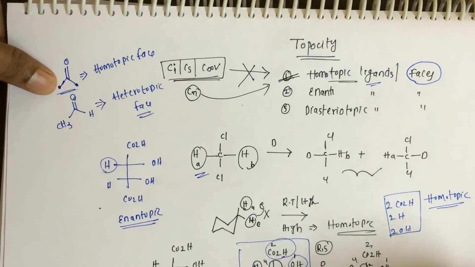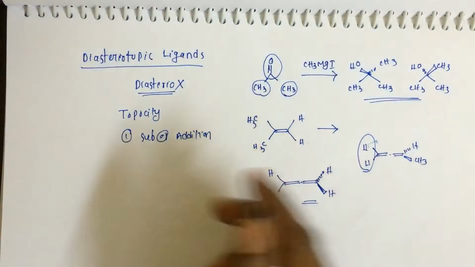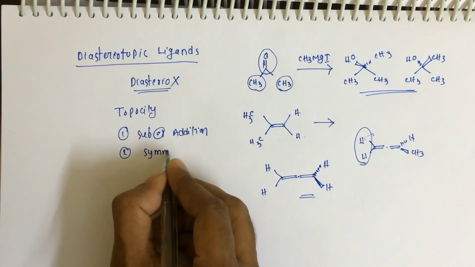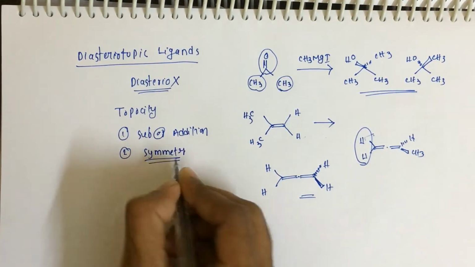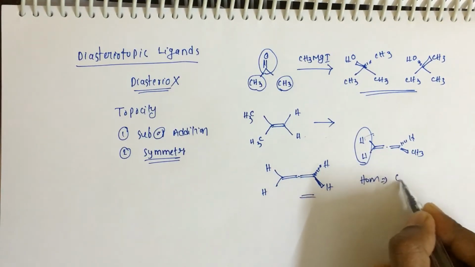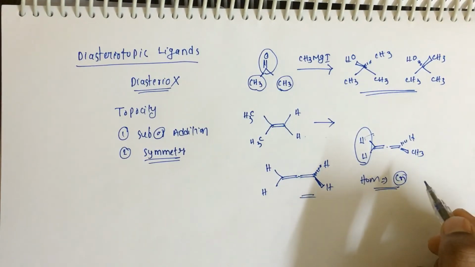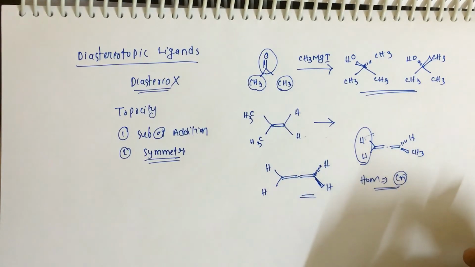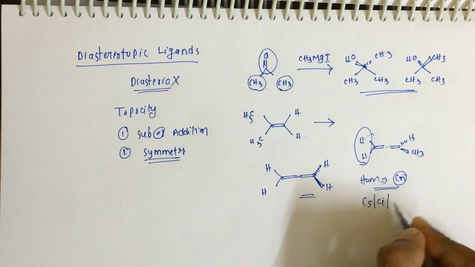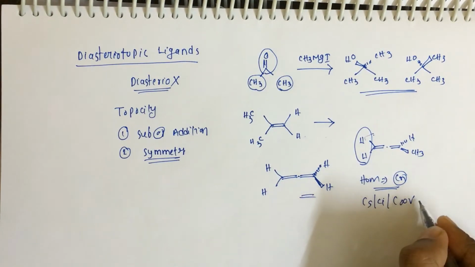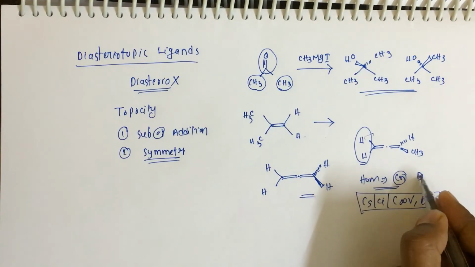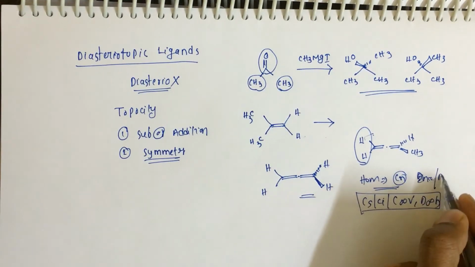Now the next method is the symmetry criteria. I have said before, for homotopic ligands they should possess a Cn axis of symmetry. If they possess a Cn axis of symmetry, then it comes under homotopic ligands. If they show a plane of symmetry, center of inversion, chiral point groups and Dnh also, all these come under enantiotopic and diastereotopic.